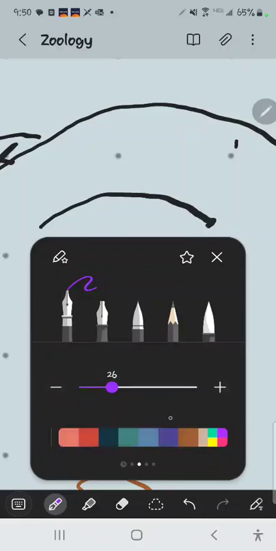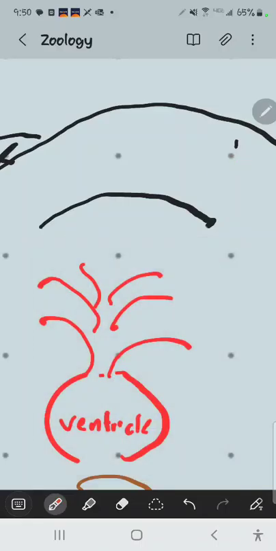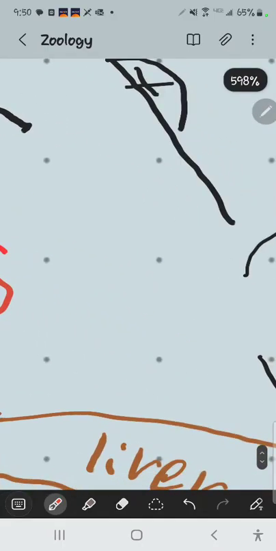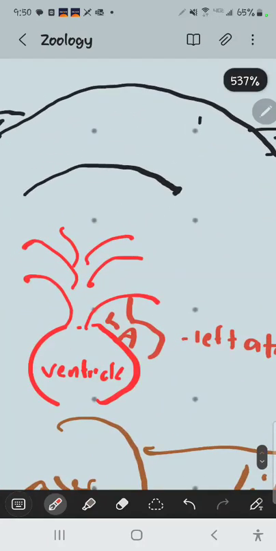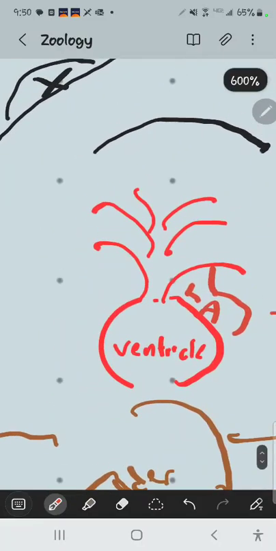Let me go ahead and do an LA for left atrium. And this is frog left. I know it's your right. It's on the frog left side. And then we have a right atrium, which probably what happened was in the shark condition, we had the atrium on top and the sinus venosus below.